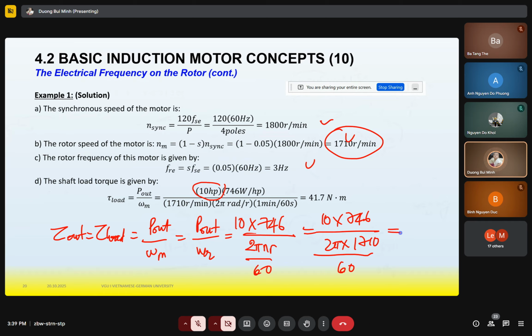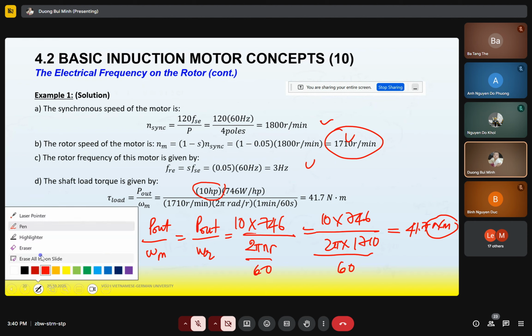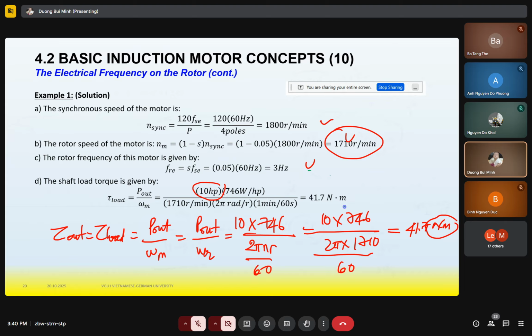So you get how many? 41.7 Newton meter. So this is the output torque of the induction motor.